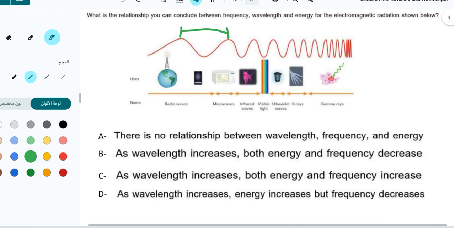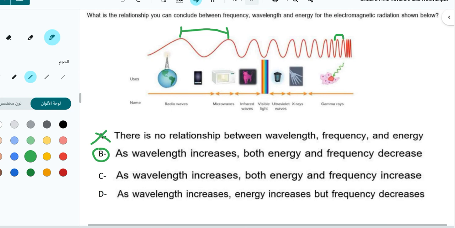We can see wavelength here is very short. So let's look. There is no relationship? There is definitely a relationship between wavelength and frequency. As wavelength increases, so that means this line gets longer, both energy and frequency decrease. This will be your best answer.